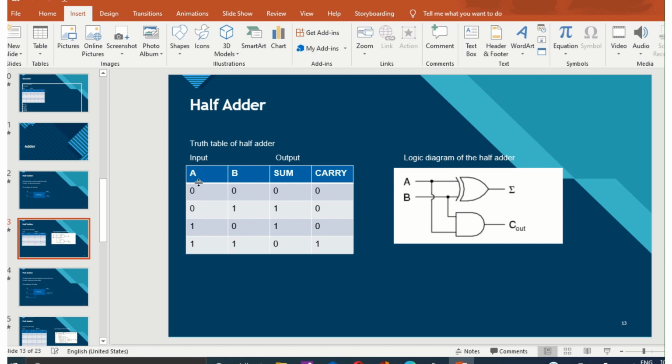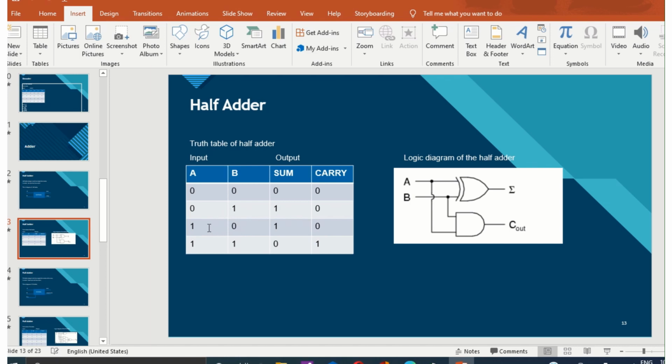Here first we see a equals 0, b equals 0, sum equals 0. Here no carry. Next a equal 0, b equal 1, sum equals 0 plus 1 equals 1. No carry.